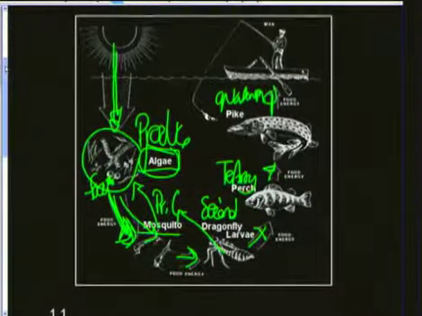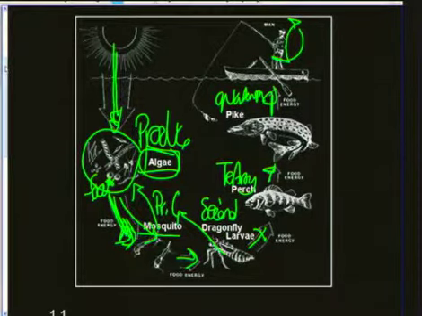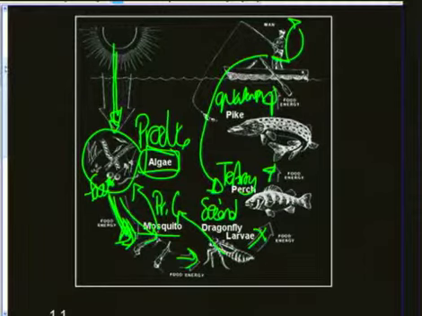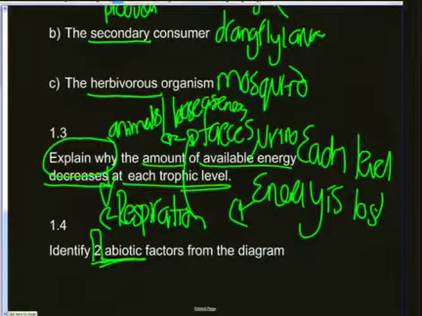The longer the food chain, the less energy is available. This man over here that's fishing is going to get very little energy, because look, the mosquito, then the dragonfly, then the perch, then the pike, then him. If he ate this fish over here, he would have had more energy than eating that one over there.